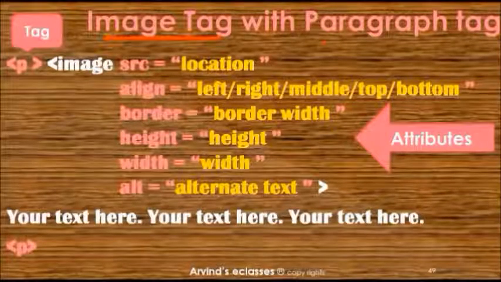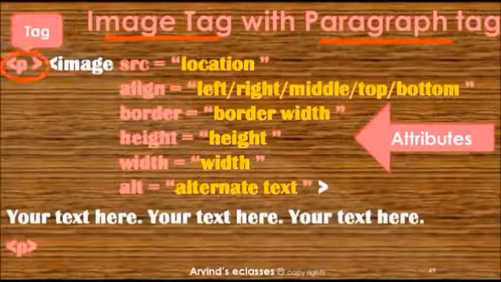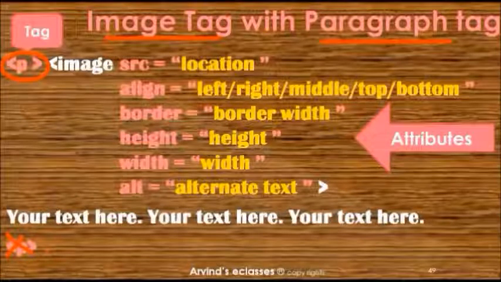See here, image tag used with paragraph tag. So it is your paragraph tag here. This one is your paragraph tag, and it is the end of your paragraph tag. Okay, here I have made one mistake. Here it should be a slash. Okay, I type here, yeah, this one.